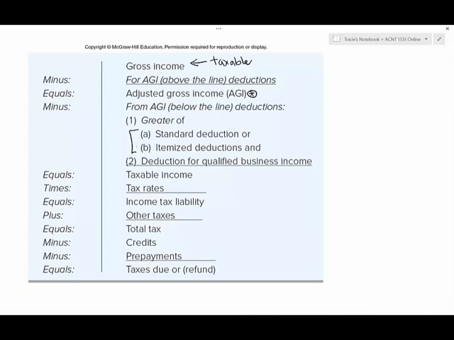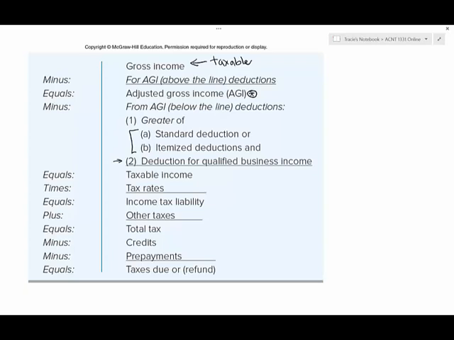And now under the new tax law, we also have a new from AGI deduction, which is the deduction for qualified business income. We'll spend more time talking about that a little bit today, but also in a later chapter. That gets us to taxable income.